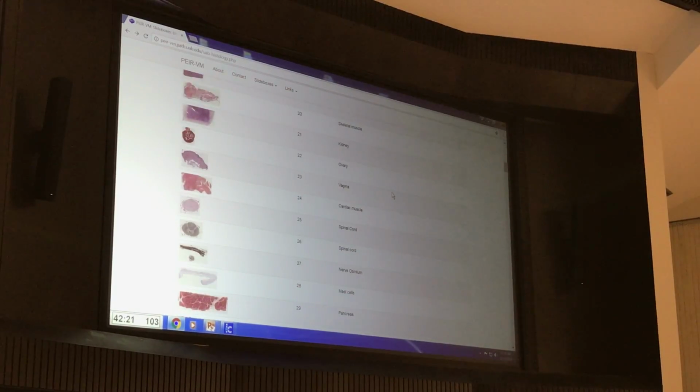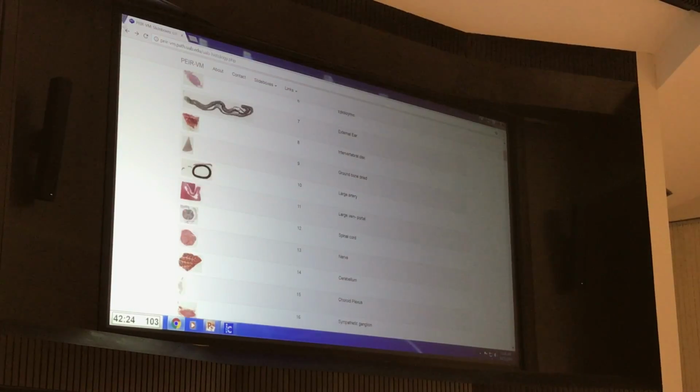Where is that muscle tendon junction? Let me find it for us.